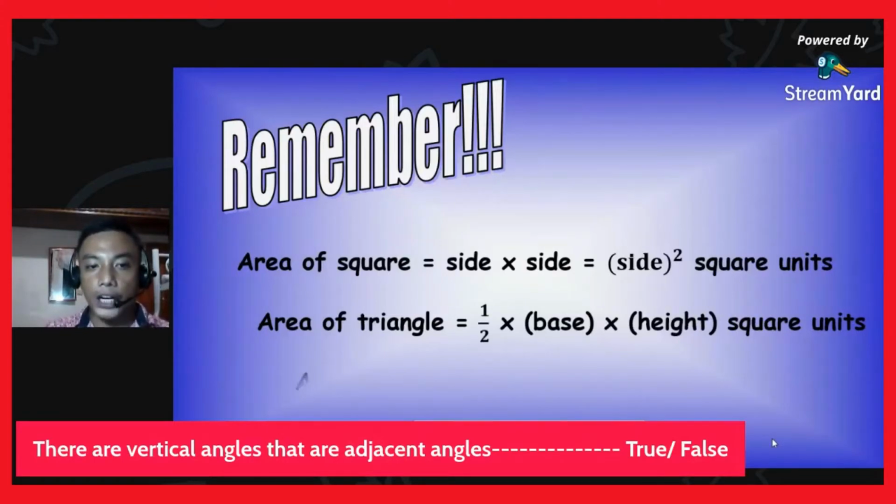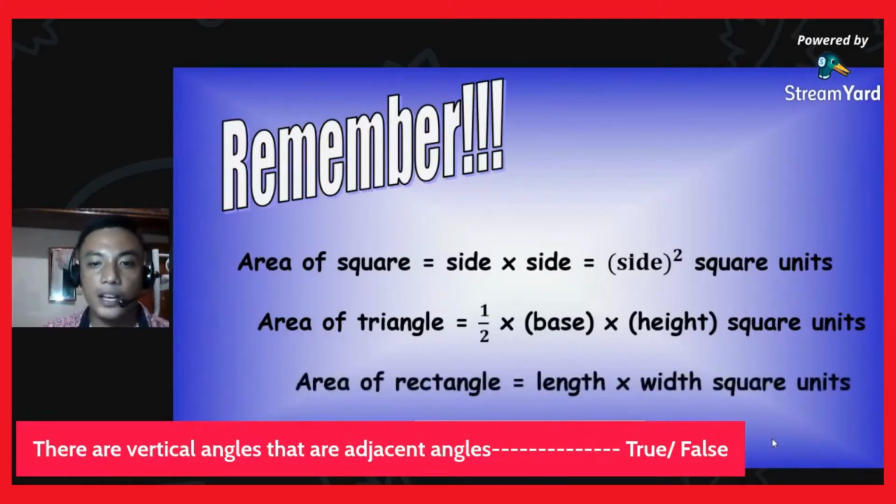And the area of a rectangle is length times width square units. So we remember these three formulas: area of a square, side times side; area of a triangle, 1/2 times base times height; and area of a rectangle, length times width.